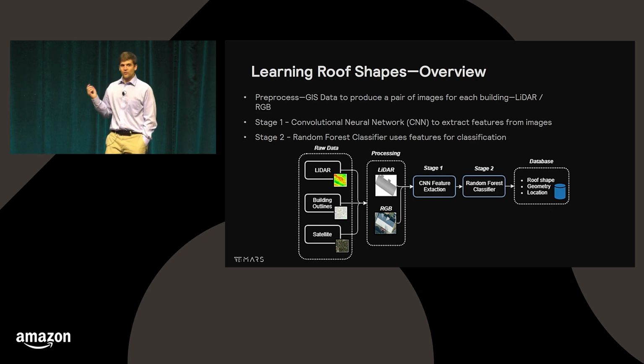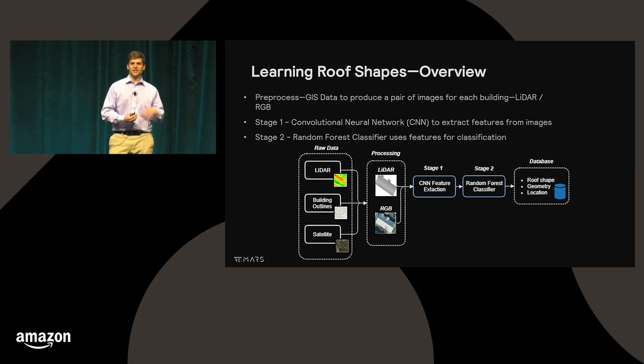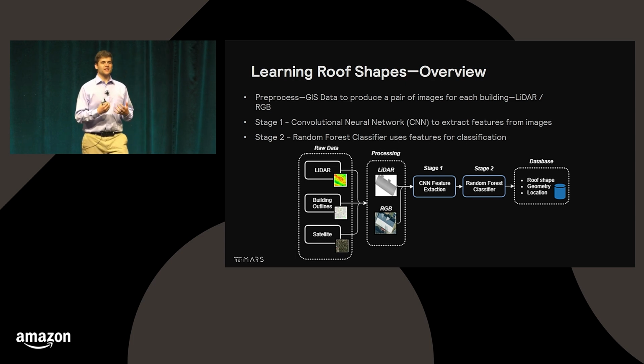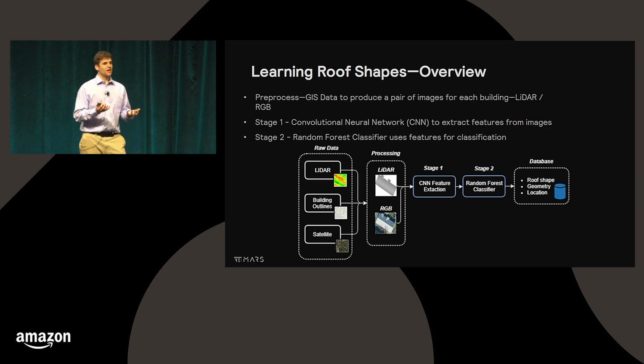So here's just a basic overview diagram of how this process works. Starting on the left on this diagram, we take our raw data sources: this LiDAR information I talked about, building outline information, satellite information. We fuse it together and pre-process it, and we can generate two different images. One being a LiDAR depth image, and the other being an RGB image, like a satellite image that's been cropped to the building that we know we're looking at inspecting.